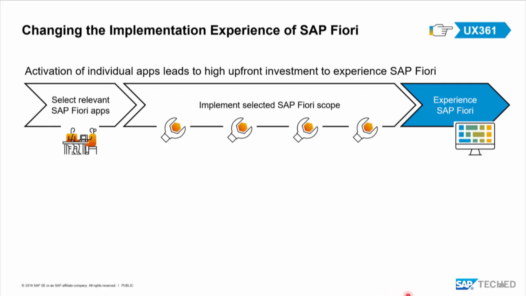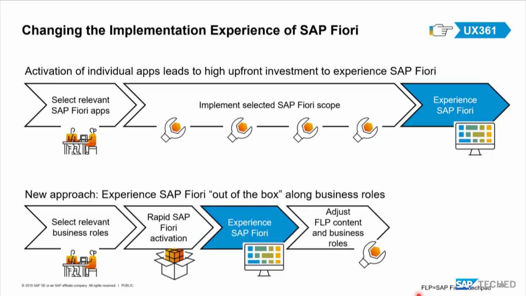So I've made the experience that if you do this, you get very, very high implementation costs, because one wave after the other you have to do reconfiguration. And it takes quite a while until a basis team is able to give a configured system to the application team so that they can start experiencing Fiori. To overcome this situation, we now recommend a fundamentally different approach.